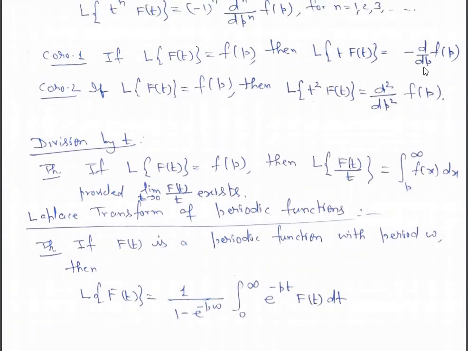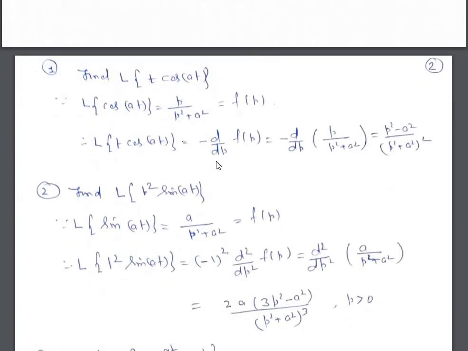L of t f(t) is minus d/dp of F(p), which is minus d/dp of p upon p square plus a square. So differentiate this using the quotient rule. We will get this as p square minus a square upon p square plus a square, whole square.